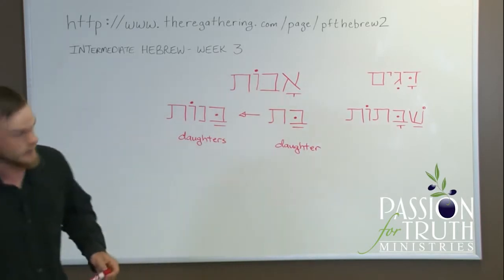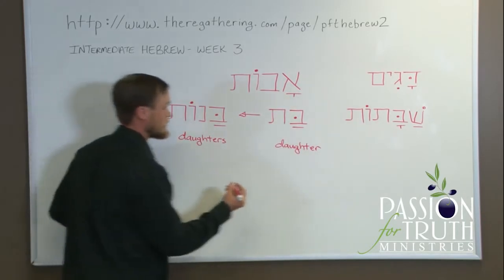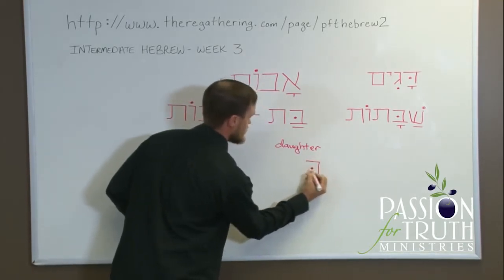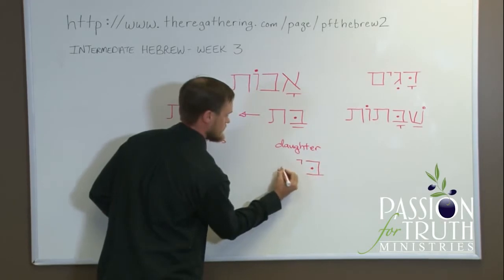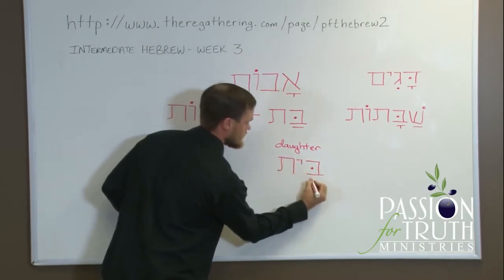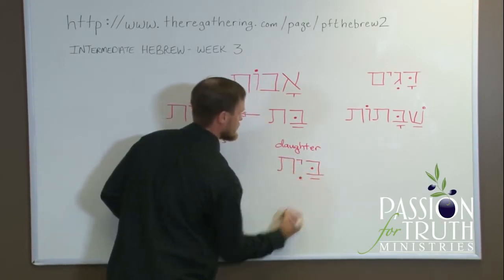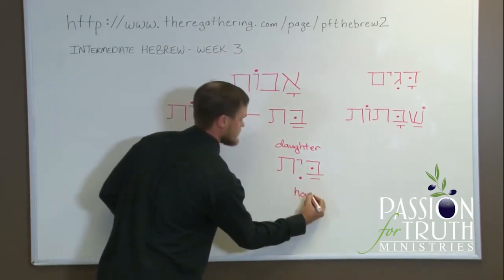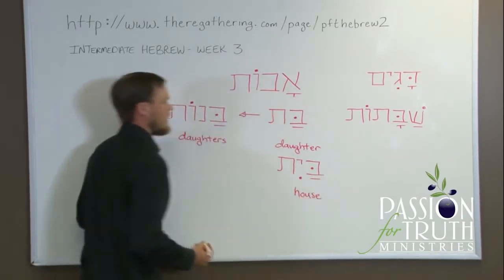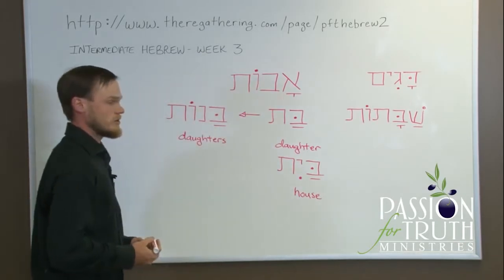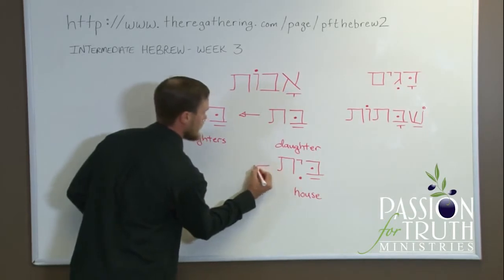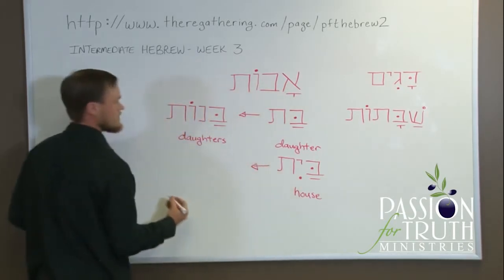Another one very similar to this is the word for house. Is bayit. Bayit is a house. Bayit is a masculine noun, but when it is made plural, it drops its yod.